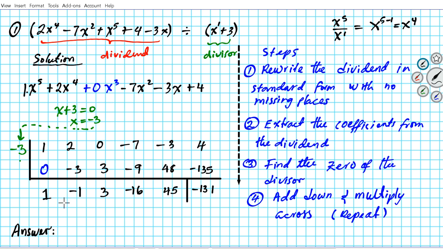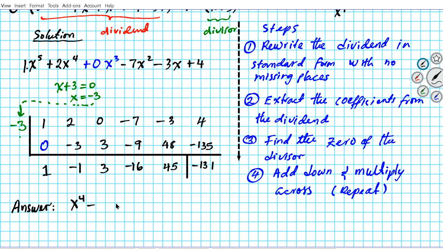So the result of the division will have the coefficients of a depressed polynomial, or a polynomial that has been reduced by a degree of 1. Since the original dividend degree is 5, this will have a degree of 4. So it's going to be 1x to the 4th, but you don't have to put that, minus 1x to the 3rd, or you can just write x to the 3rd, plus 3x squared minus 16x plus 45.